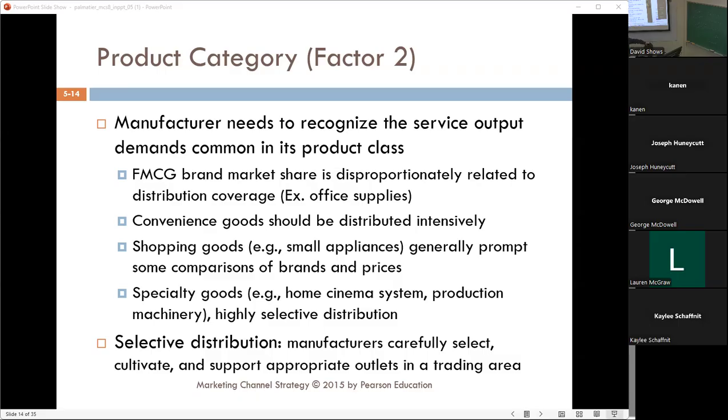I mean, there's more reasons than that. Generally, they're outside of the city, and when they're outside of the city, it means that the city can't collect taxes on them. That's why they're outside. But there are other ways that the city will ding them, especially when it comes to services. So, shopping goods encourage selective distribution.